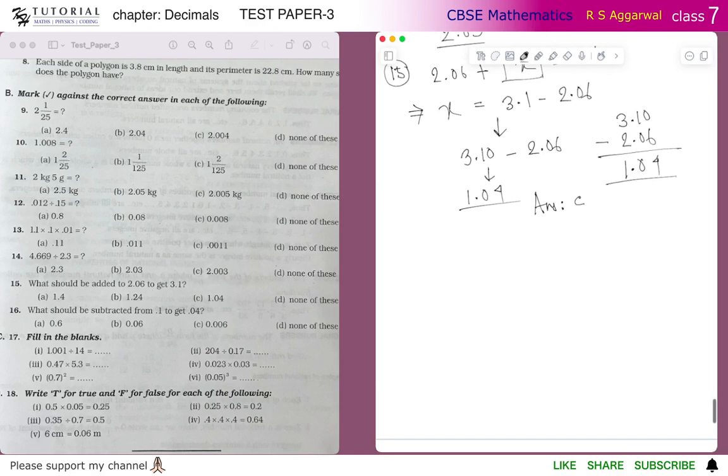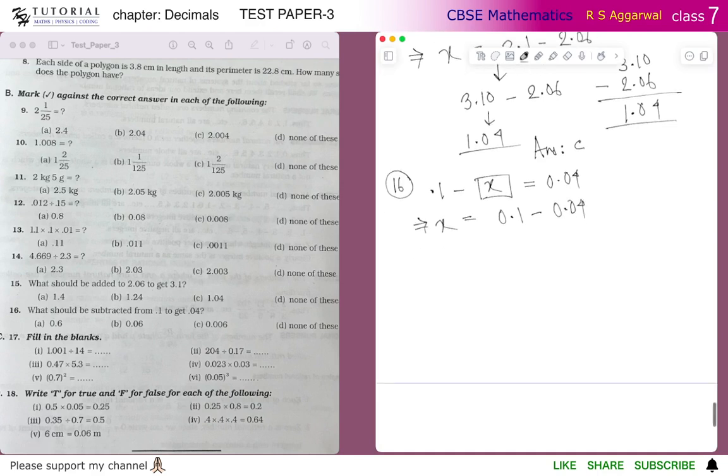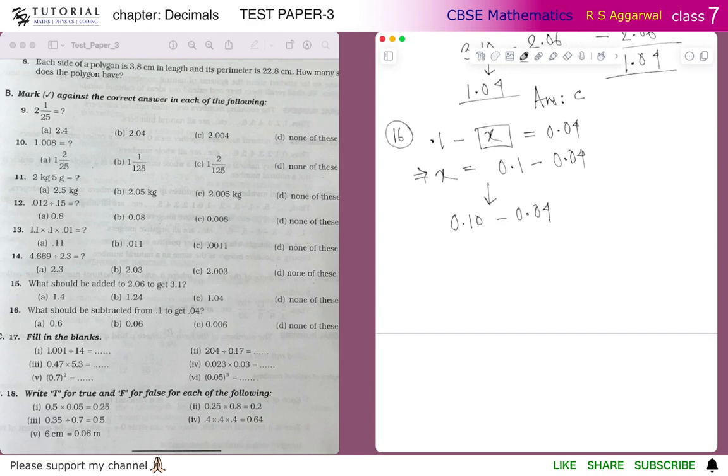Okay. 16. What should be subtracted from 0.1 to get 0.04? So this is the problem statement where we have to find x. So we know that x will be 0.1 minus 0.04. First we will convert to like decimal numbers, and it becomes 0.10 minus 0.04. Now we do the subtraction by writing first the larger decimal number, that is 0.10.